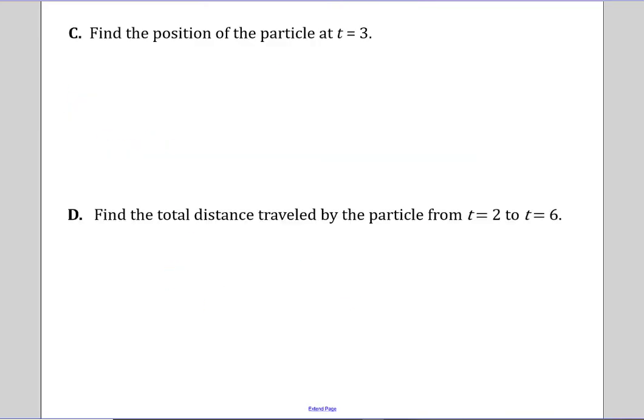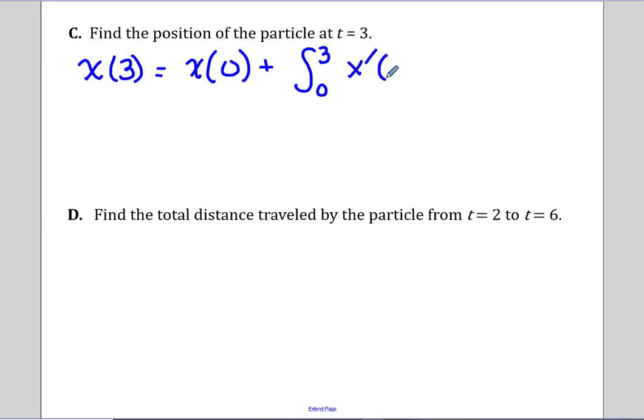And then part C says find the position of the particle at 3. So they say x would be the initial plus the distance traveled from 0 to 3 on x prime of t dt.